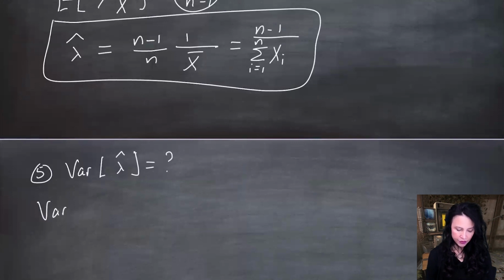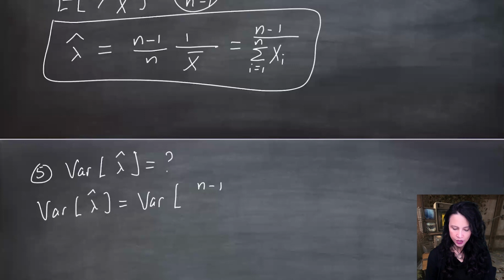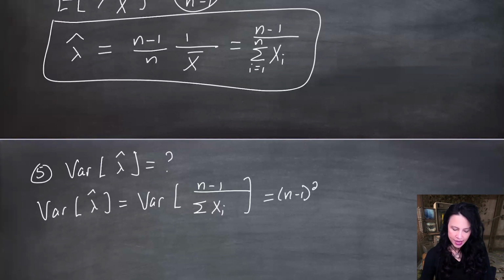So the variance for lambda hat is going to equal the variance of n minus 1 over the sum from 1 to n of the xi. I'm going to pull out the n minus 1, but it comes out squared. And this is going to be the variance of 1 over w, where w is defined to be that sum. Just to remind you up here.